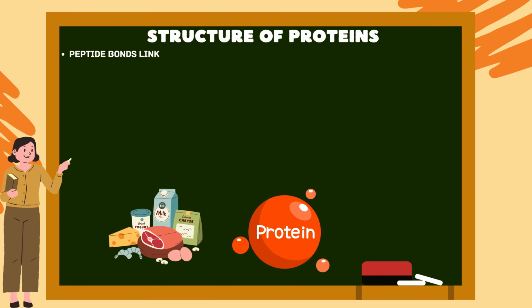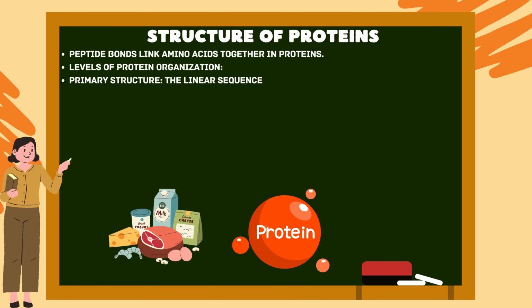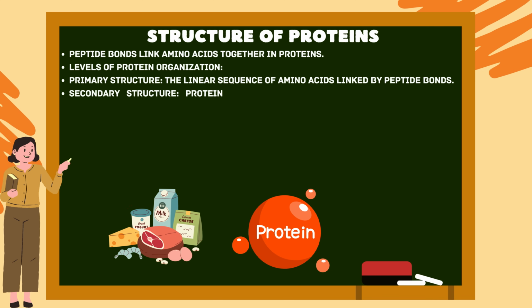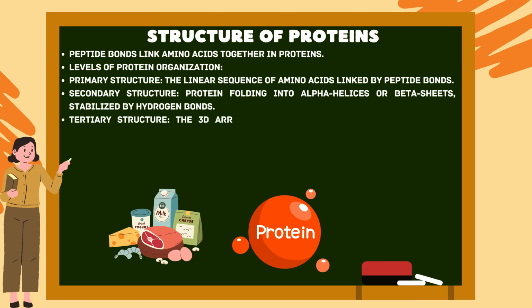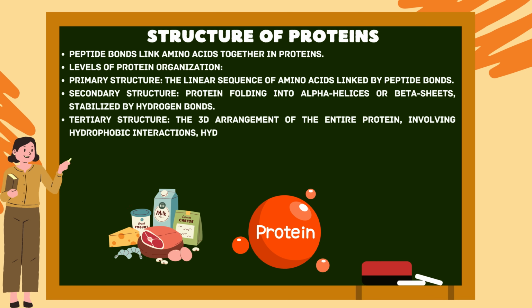Next up is structure of protein. Peptide bonds link amino acids together in proteins. Levels of protein organization. Primary structure: the linear sequence of amino acids linked by peptide bonds. Secondary structure: protein folding into alpha helices or beta sheets stabilized by hydrogen bonds.